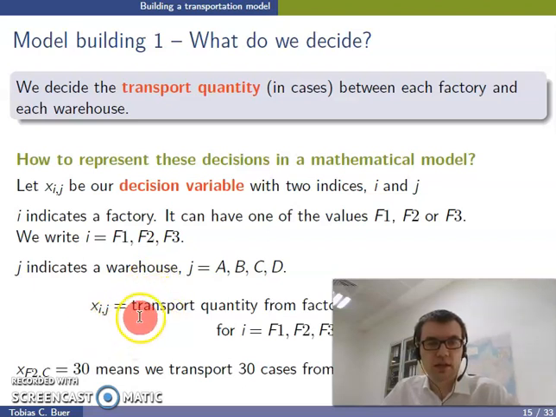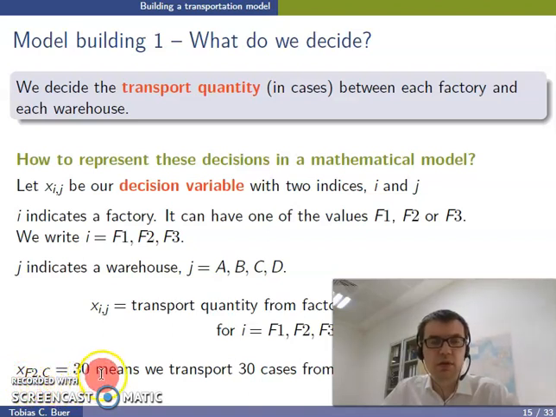So x_ij represents the transport quantity from factory i to warehouse j for the following values of our indices. And then I give you one example. We have, for example, the decision variable x_f2,c equals 30.